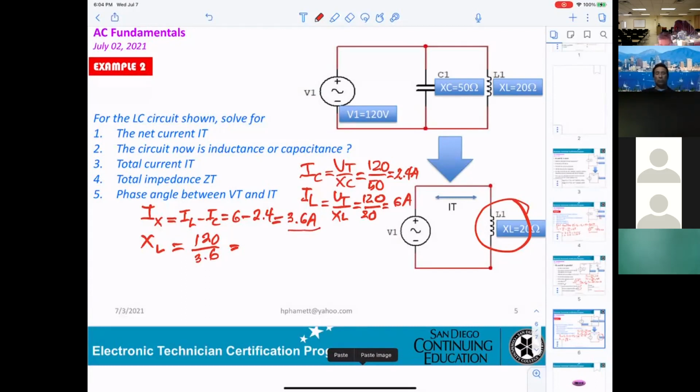How come here I put 20? Maybe I put a wrong one. Okay, so this is a wrong one. XL is 33.3, right? Yeah, 120 divided by 3.6 is 33.3.